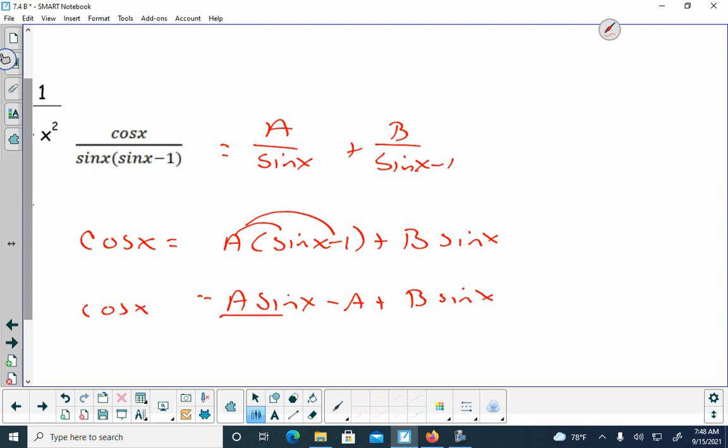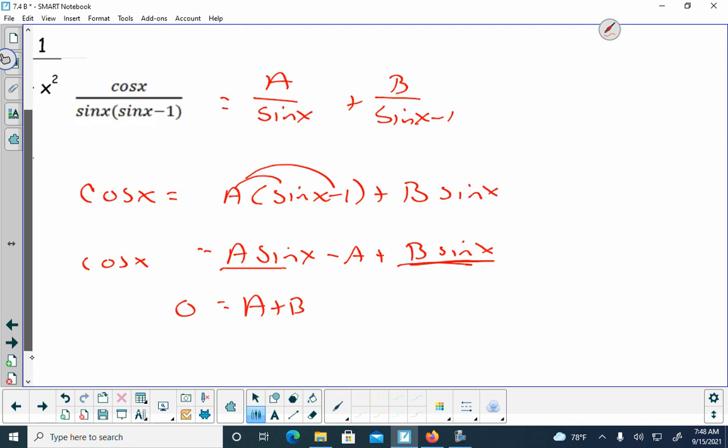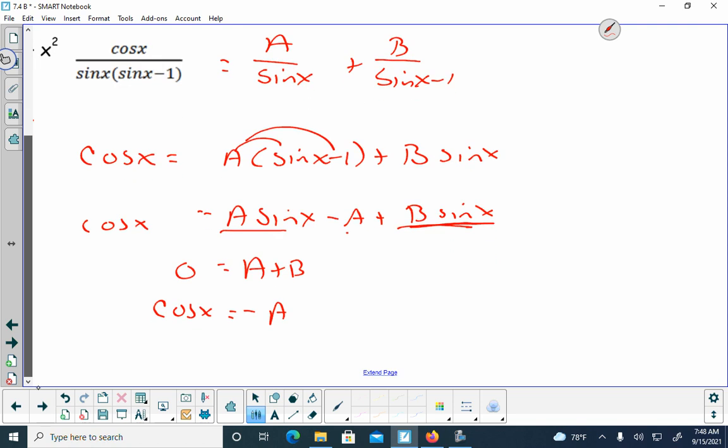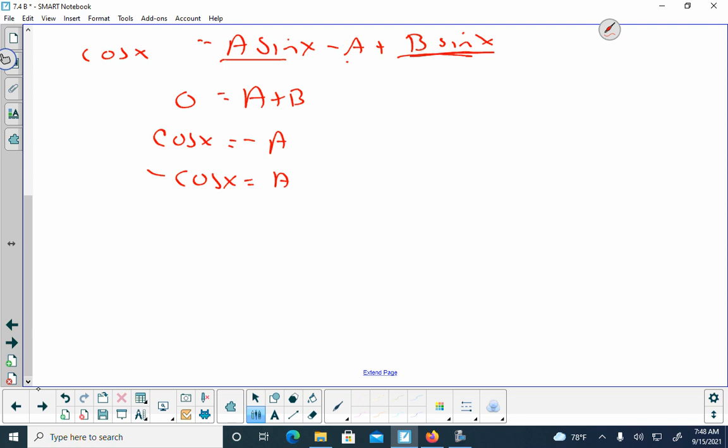So these have coefficients of sine of x. So I have a plus b, but there's no sine of x over here, so I'm going to set that equal to 0. And then that negative a, I'm going to set it equal to the only thing that's left, which is cosine of x, which means that negative cosine of x is equal to a. And since a plus b is equal to 0, that means b is equal to positive cosine of x.